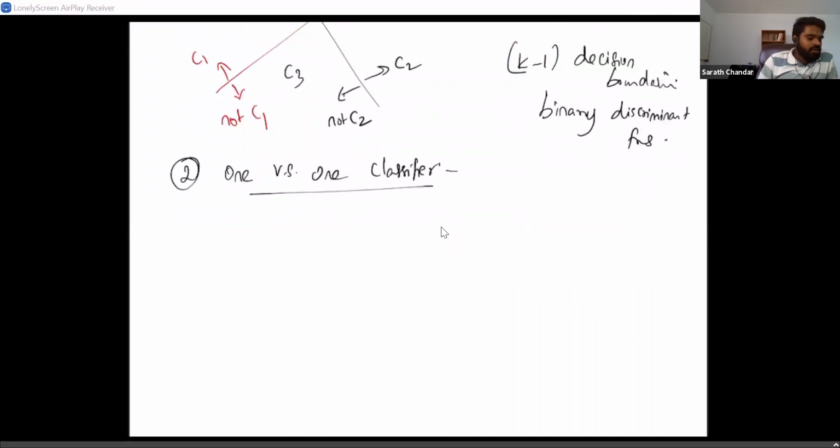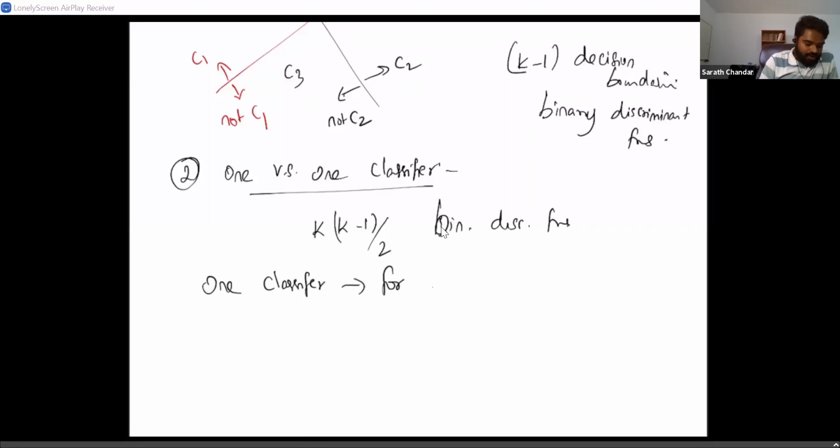So now the next approach is the one versus one classifier. In the case of one versus one classifier, instead of considering k minus one classifiers, we are going to consider k times k minus one by two binary discriminant functions. So the idea here is you're going to come up with one classifier for every pair of classes.